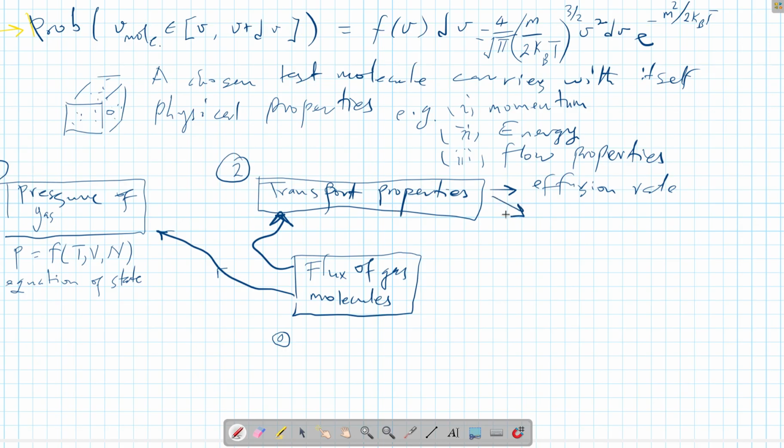Another property is mean free path. As the gas molecules in the container move, let's say randomly, and they collide with one another, one would like to know what the mean free path is. On the average, what distance these gas molecules are going to cover before they collide with each other. One can talk about viscosity.